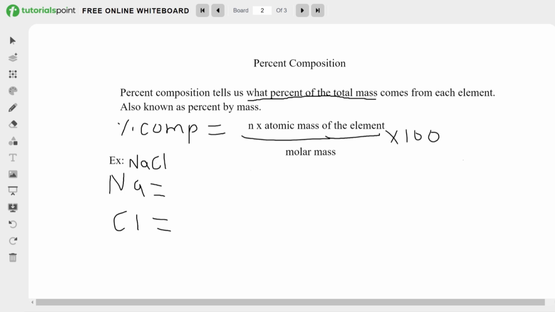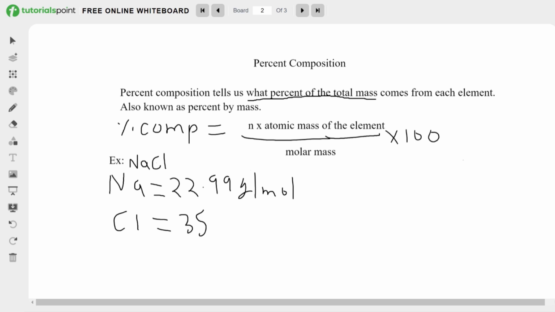We know that the atomic mass of sodium is 22.99 grams per mole. So let's write that, 22.99 grams per mole. And for chlorine, we know that the atomic mass is 35.45 grams per mole.